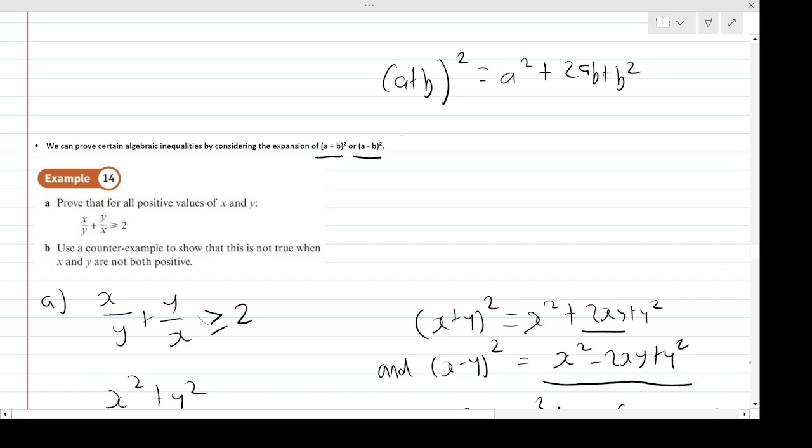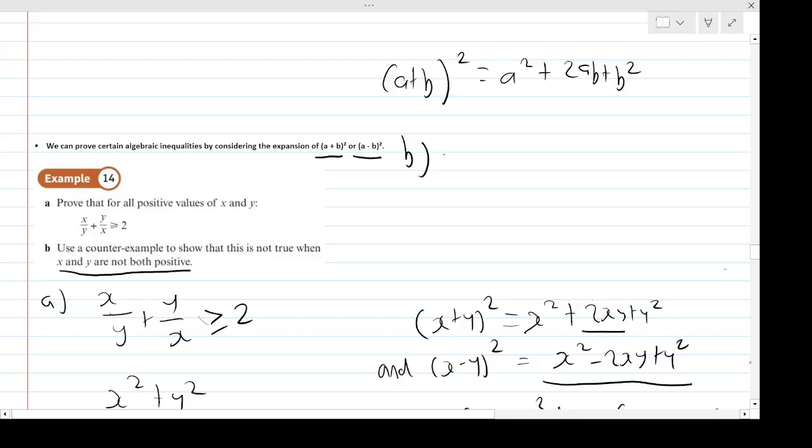But for part B, it's asking simply to use a counterexample to show that this is not true when x and y are not positive. Right. So here, it says it's not true when they're not both positive. That suggests that at least one of them could be negative.